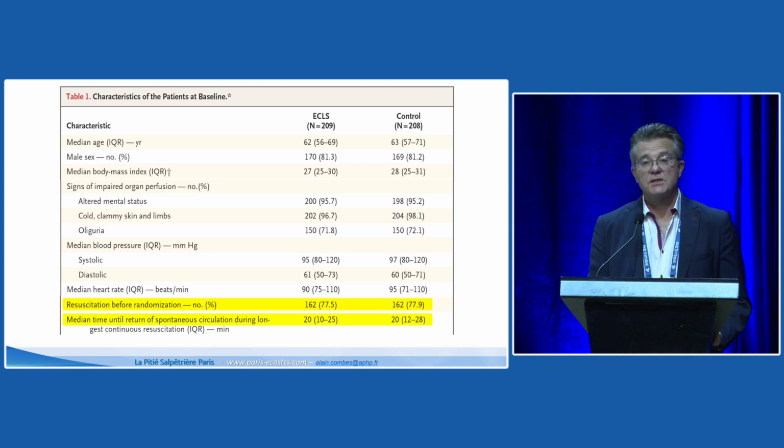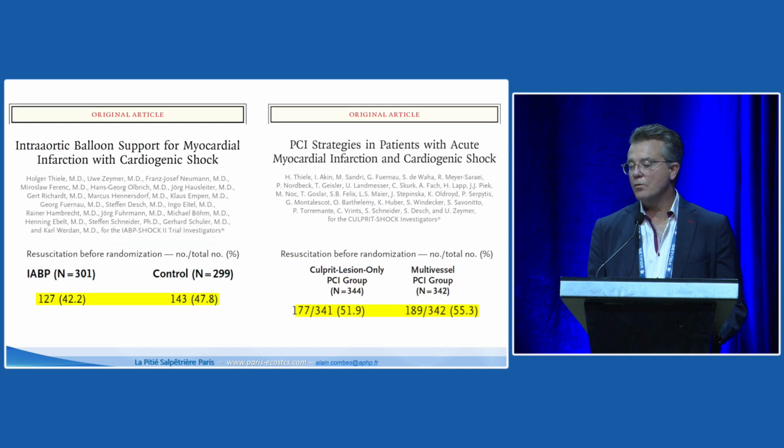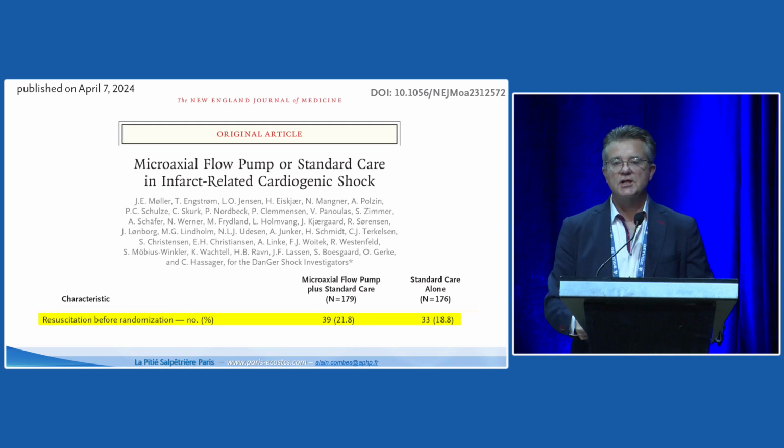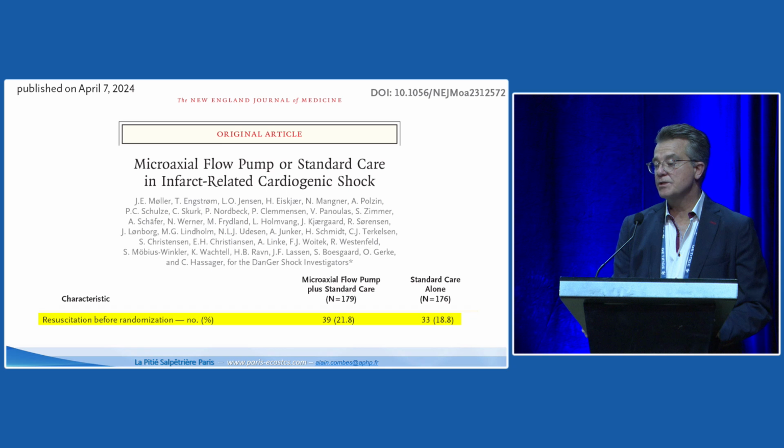Not to mention, and it's very surprising, the patient selection, with some very unusual characteristics. It's about the rate of patients who had cardiac arrest, which was close to 80%, which was never seen before. It was between 40 and 50% in previous trials, and in the latest DanGer Shock with the Impella, it was even lower, around 20%.